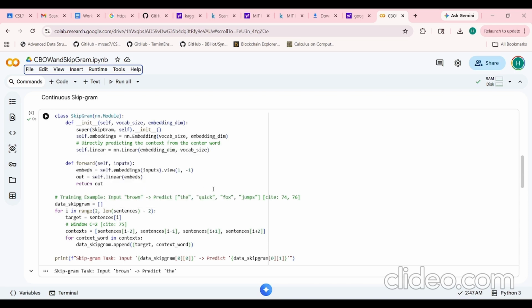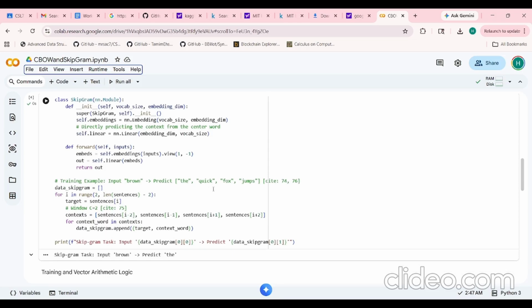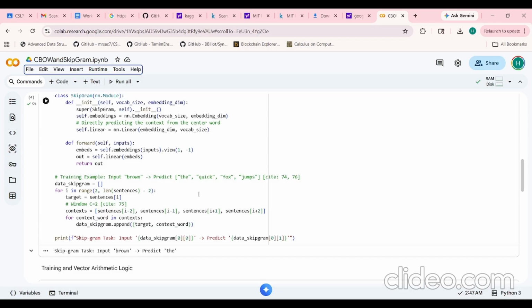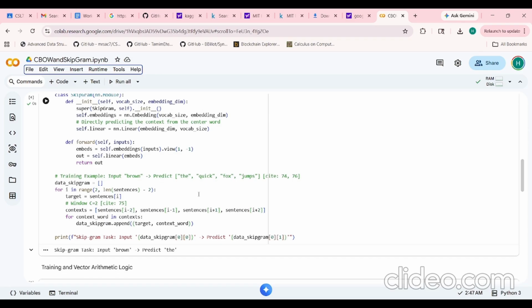The model performs four separate classification tasks for a single input word. For example, if the input word is brown, the code sets up a task to predict quick, the, fox, and jumps. While this increases the number of calculations per word compared to CBOW, the paper notes that this architecture is far superior at capturing semantic relationships, such as the king minus man plus woman equals queen analogy.